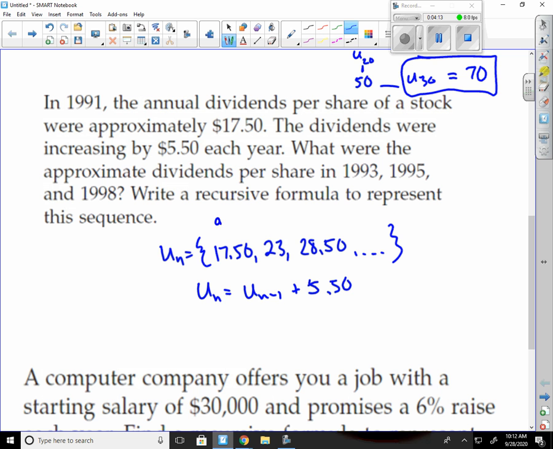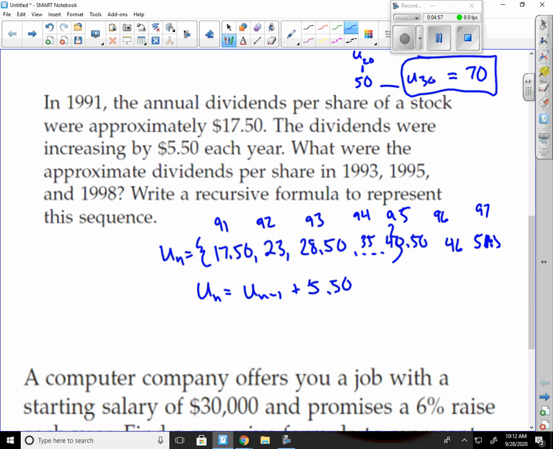So this is in 91, 92, 93 is 28.50. I just keep going with this. 94 would be 35. 95 would be 40.50. 96 is 46. 97 would be 51.50.